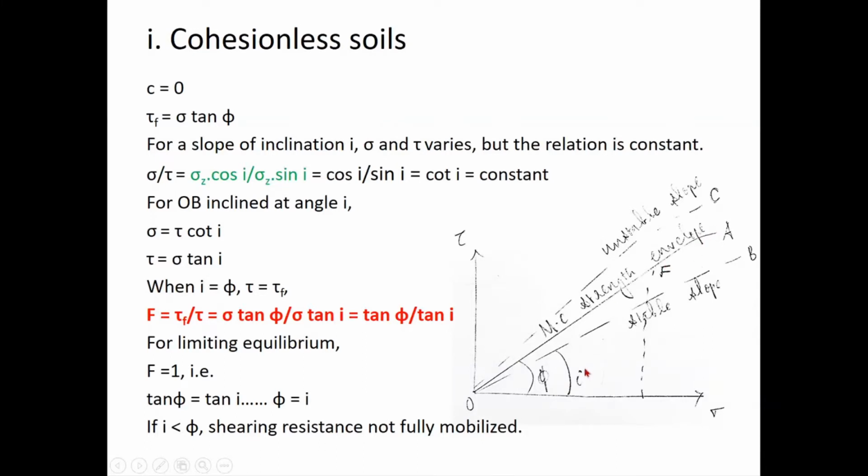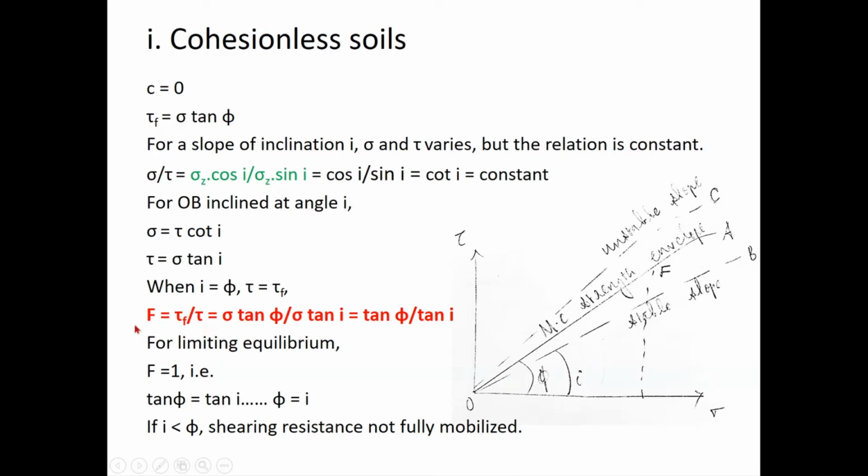If my I is less than phi, my slope is going to be stable always, because for that slope inclined at an angle I, the combination of stresses sigma and tau will always be less than the combination of sigma and tau along the Mohr-Coulomb strength envelope, right? So a slope inclined at an angle I will always be stable, because the system of stresses will always be less than tau f and sigma f, which will be along OA. So when this I approaches phi, my tau will approach tau f, isn't it?